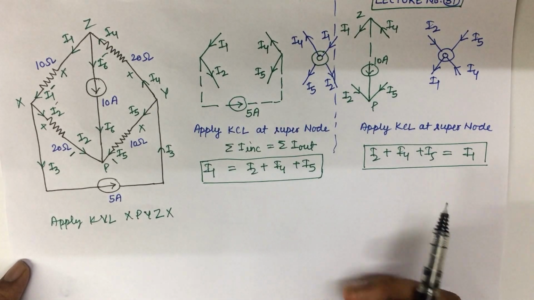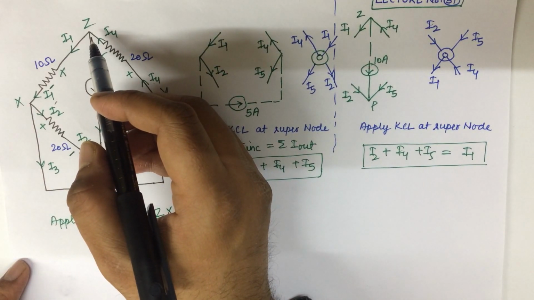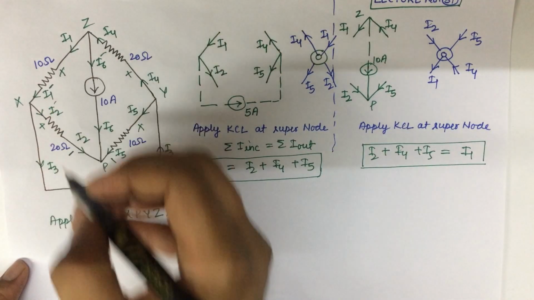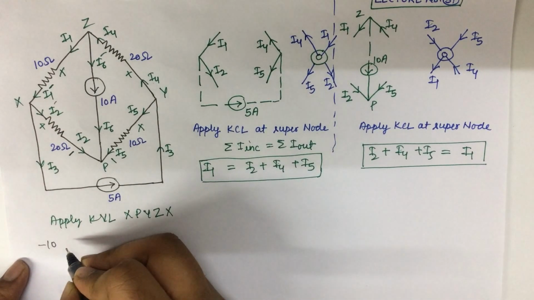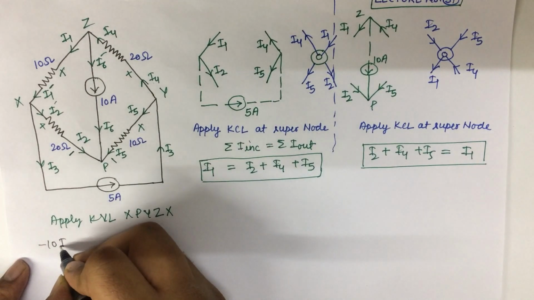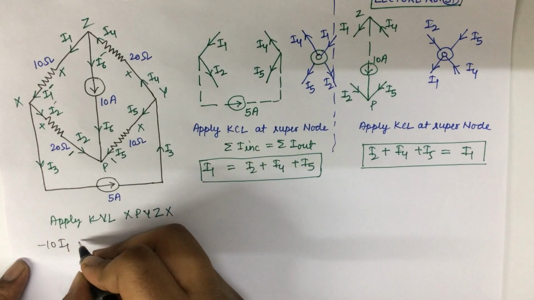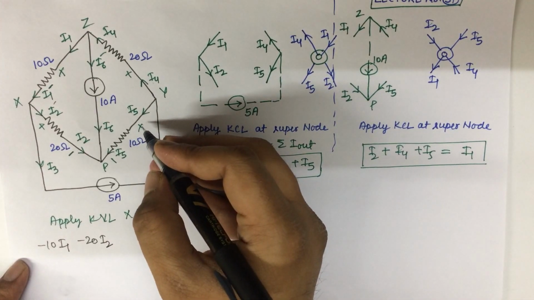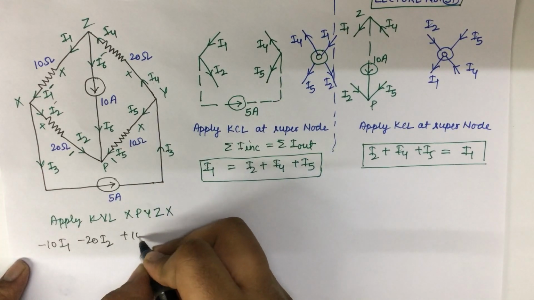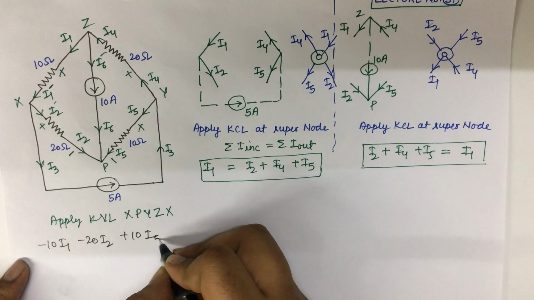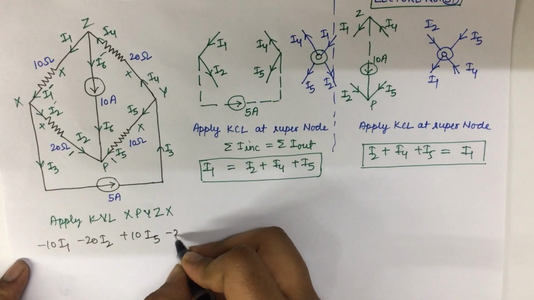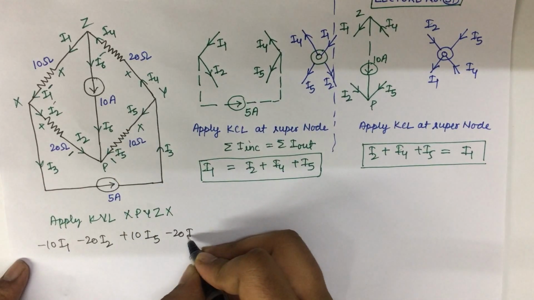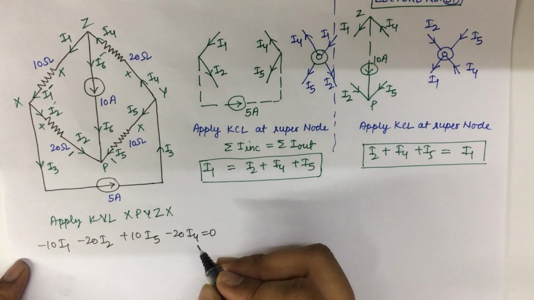Now apply KVL and start from Z. So start from here, minus 10 I1, here minus 20 I2, here plus 10 I5, and here minus 20 I4 is equal to 0.